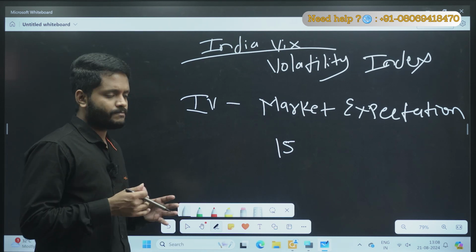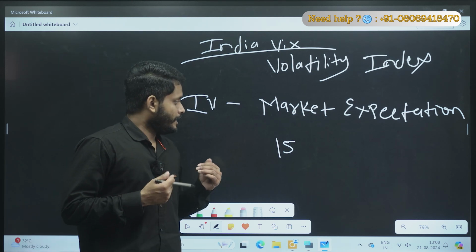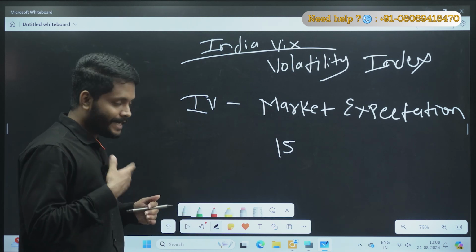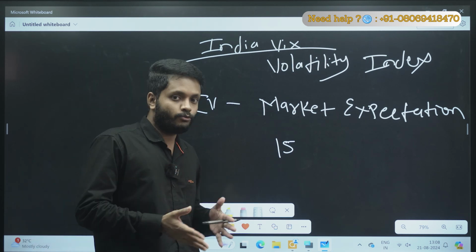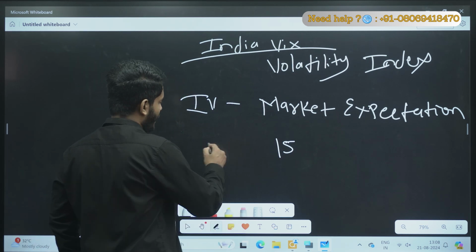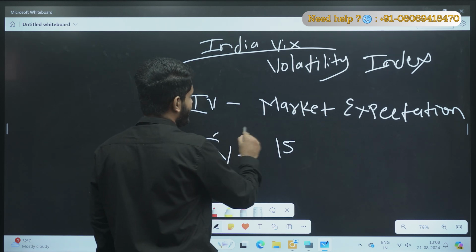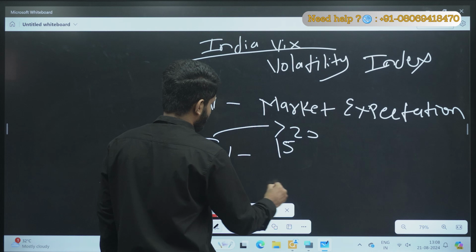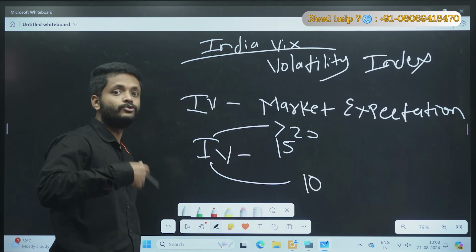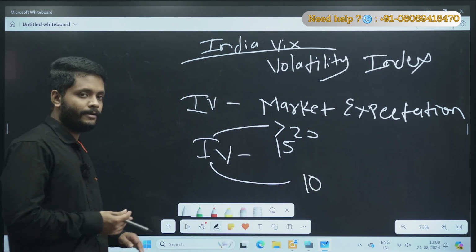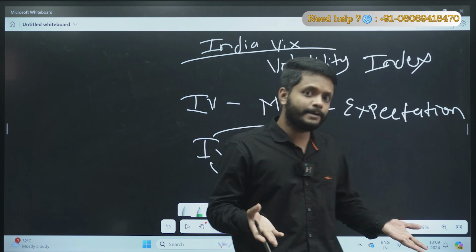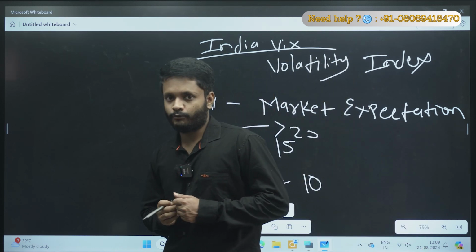But implied volatility is the market expectation, not the actual volatility. So if the implied volatility is 15, it is not necessary that it will be 15. It can be 20, or it can be 10 in the future. So future realized volatility might be different from, or the same as, the implied volatility.